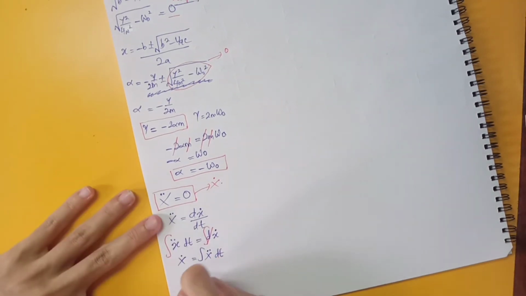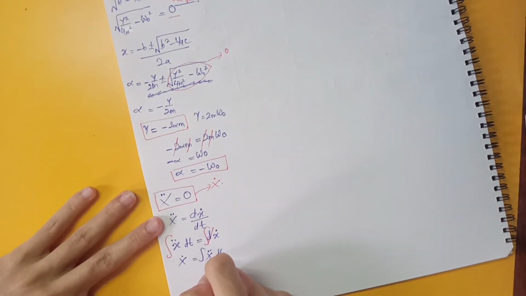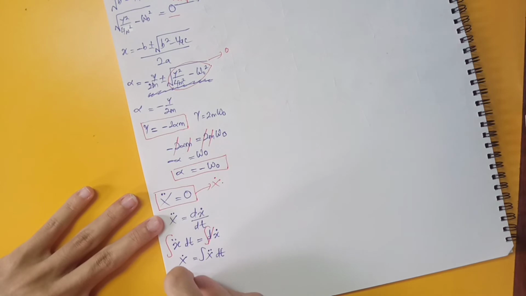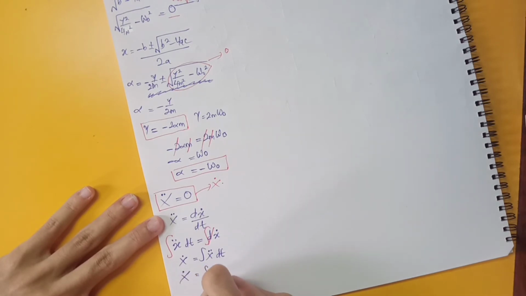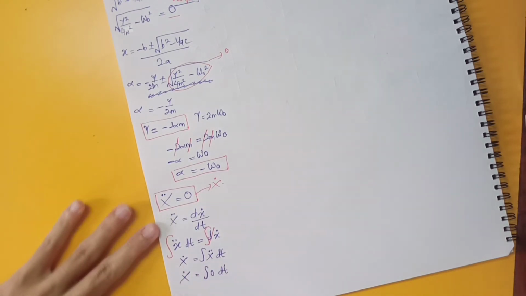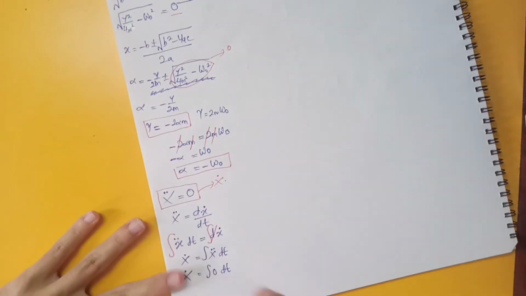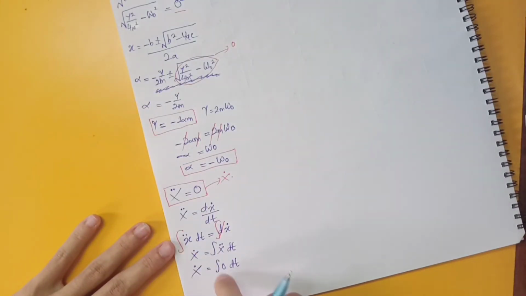Now we know that x double dot is equal to 0, so x single dot is equal to the integral of 0 dt. When we integrate a constant, we finally get that x single dot is equal to C1.